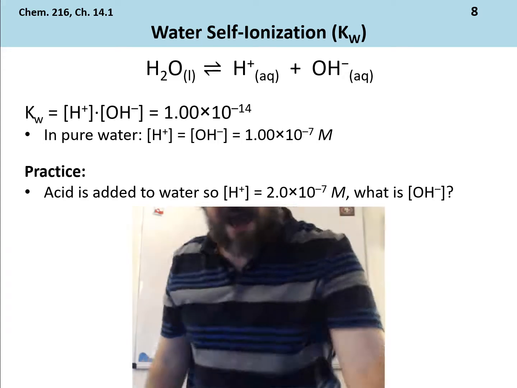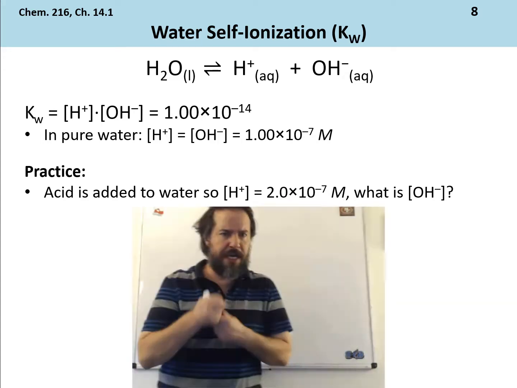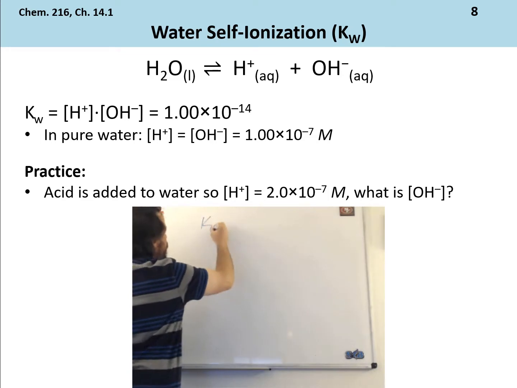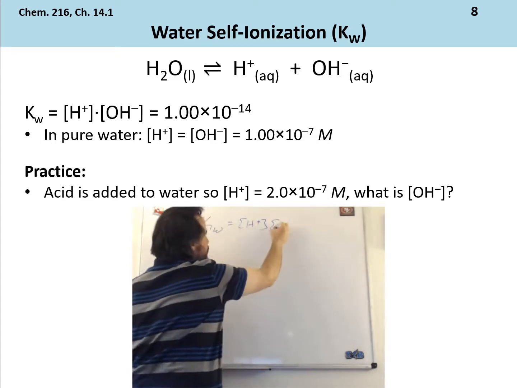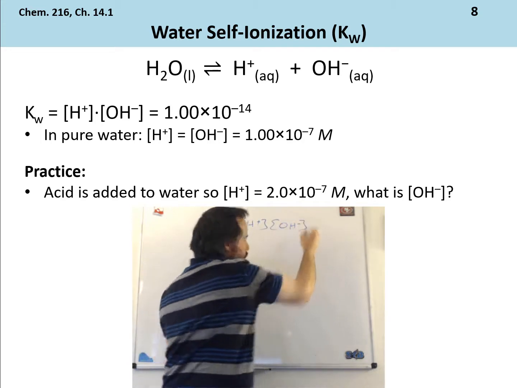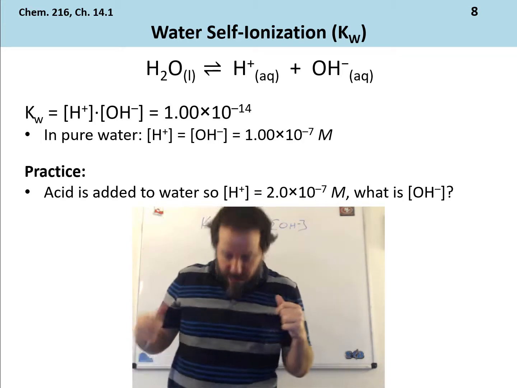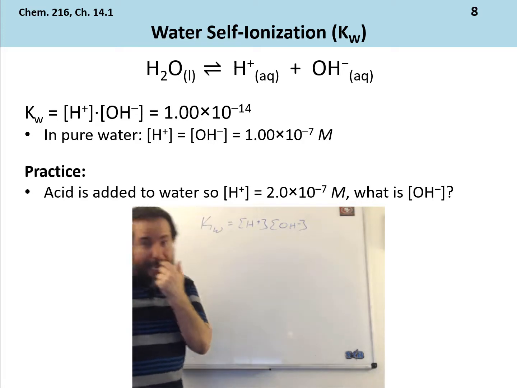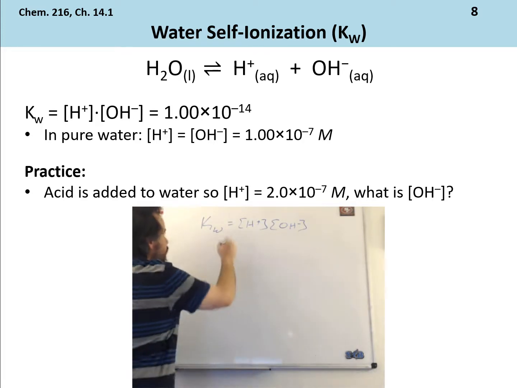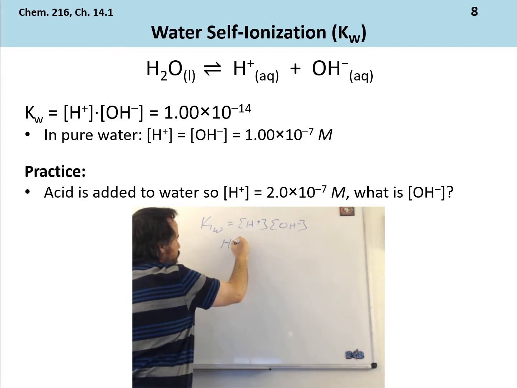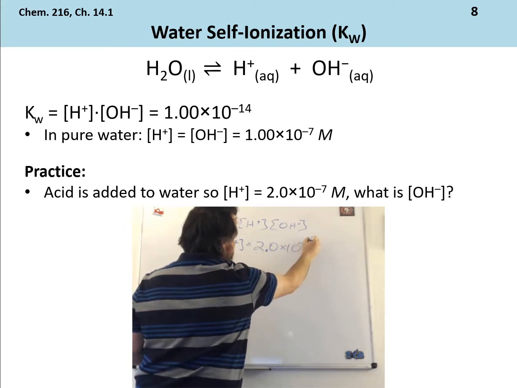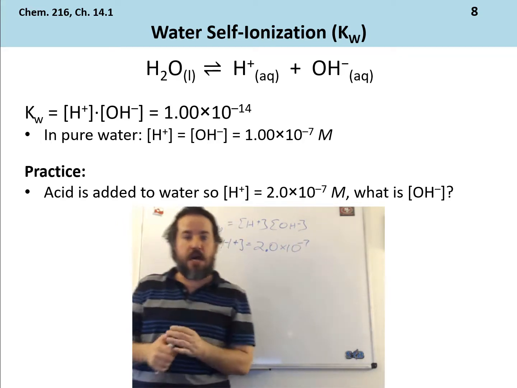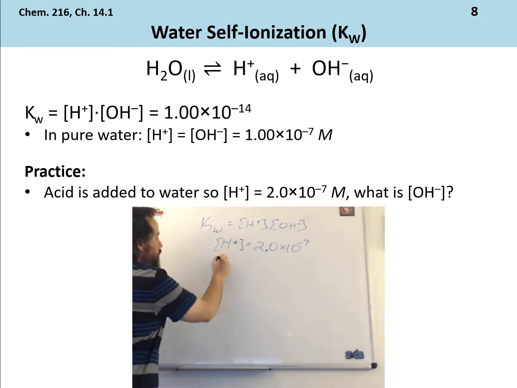Let's say we have a solution, and we always know that Kw equals H plus times OH minus. We're told that this solution has an H plus concentration of 2.0 times 10 to the minus 7, and we want to know the concentration of OH minus.